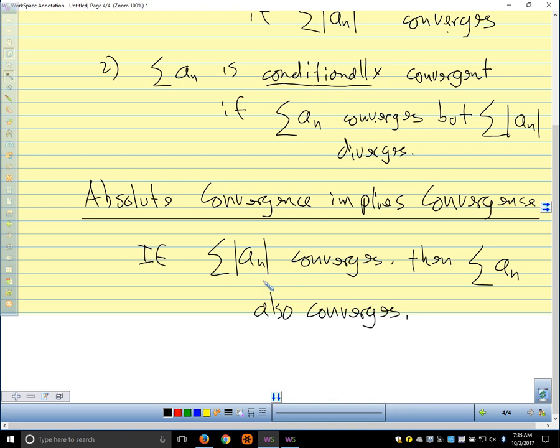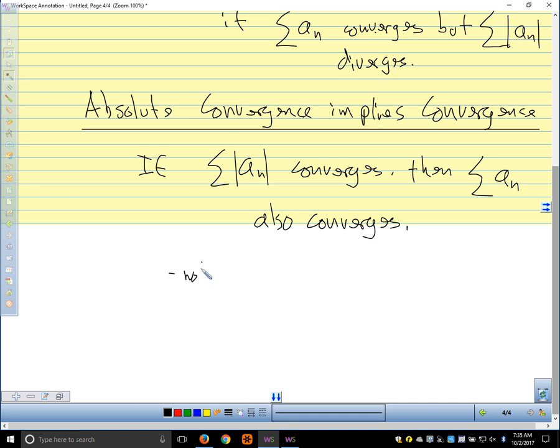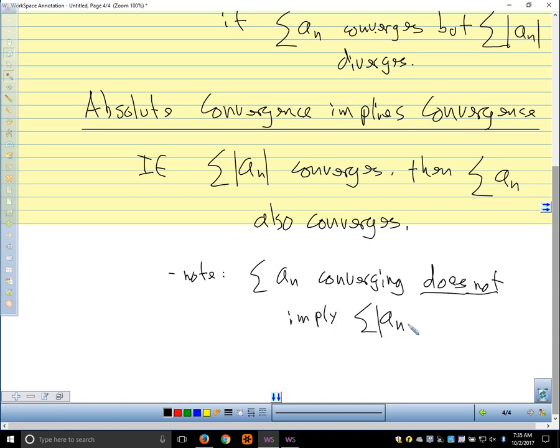So let's look at an example of that. Oh, and I want to note here, we can't conclude the converse. The sum of a sub n converging does not imply that the absolute value series converges.